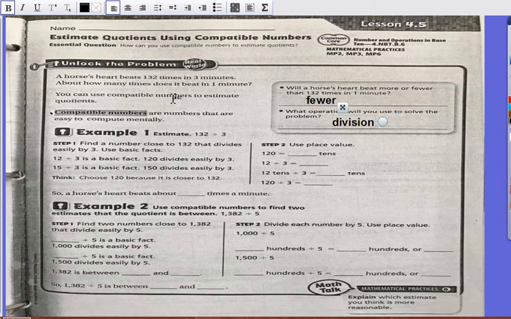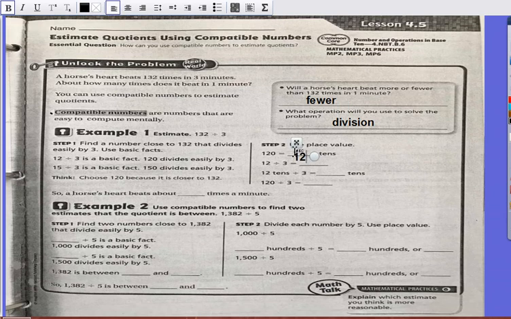We have to figure out which of those facts gets us closer to the answer of 132. That's where step 2 comes in, use place value. We are choosing 120 because that is closer to 132. So 120 is how many tens?